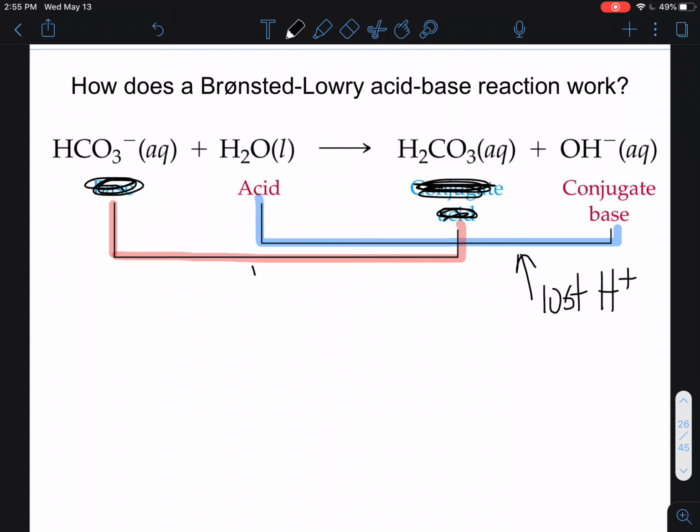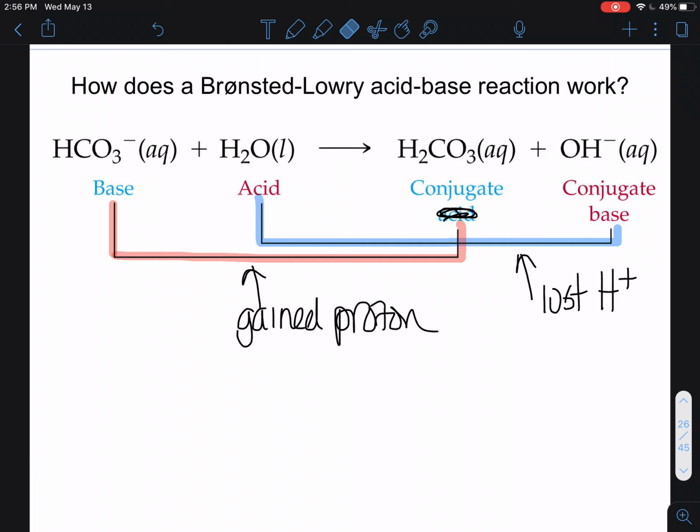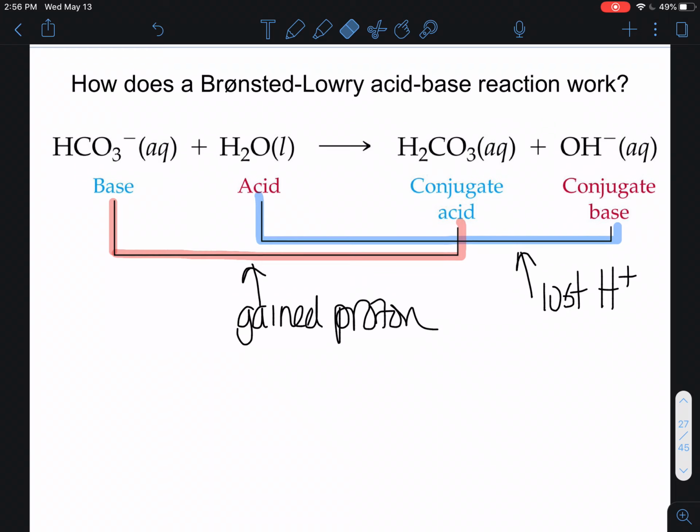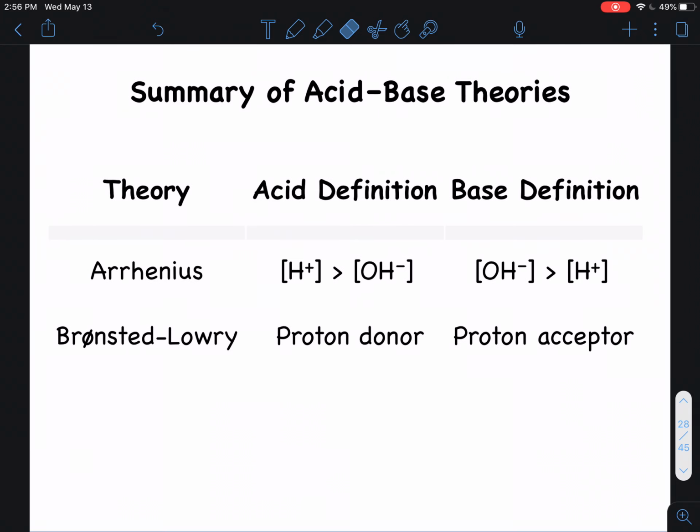And of course, you know that it gained a proton because water lost it, so it had to go somewhere. So going back and evaluating the reactant, since it gained a proton, it started off as a base, and once it gained the proton, it formed its conjugate acid.